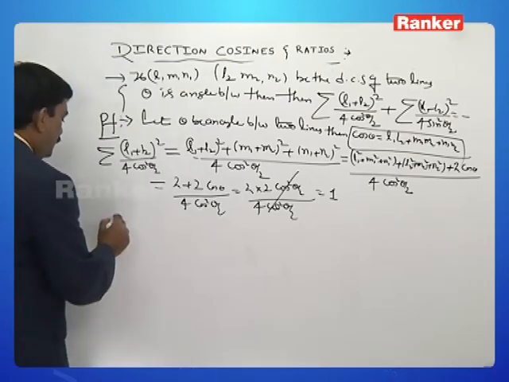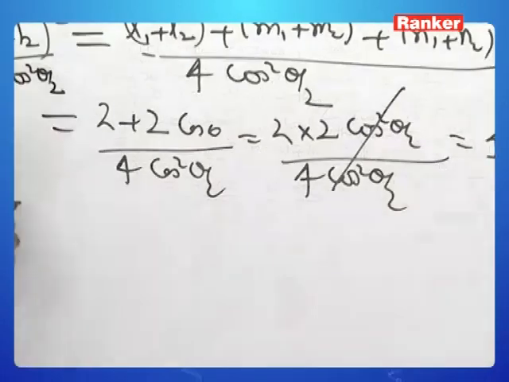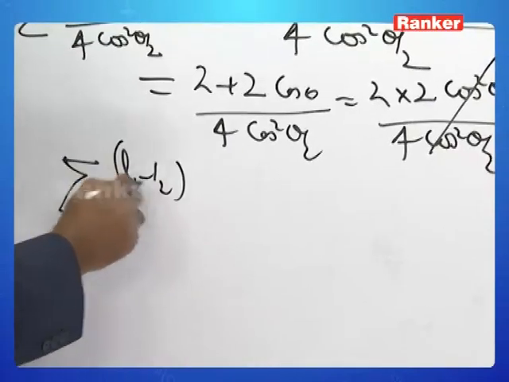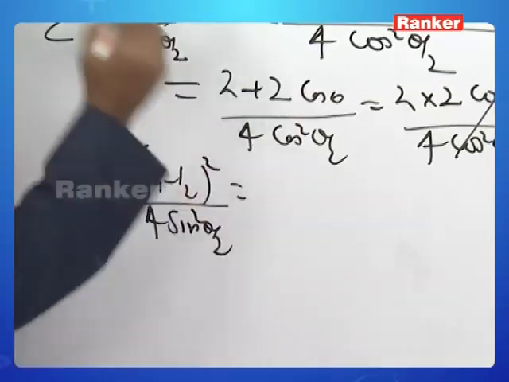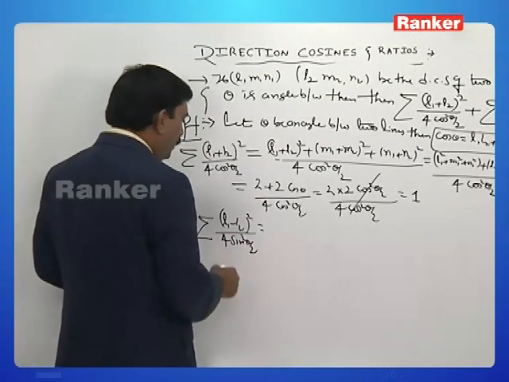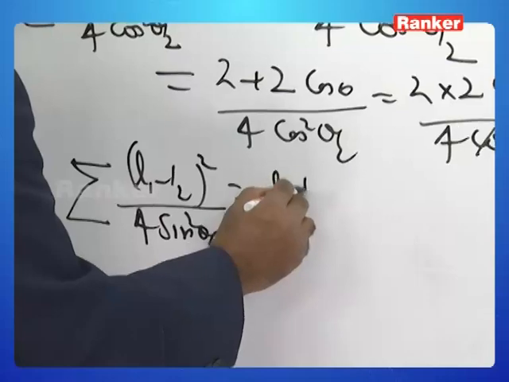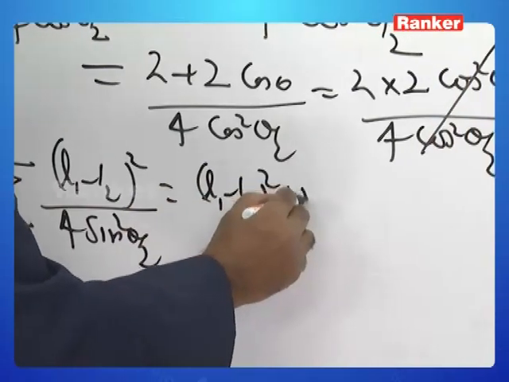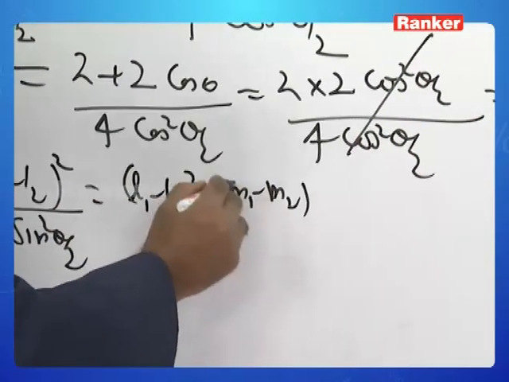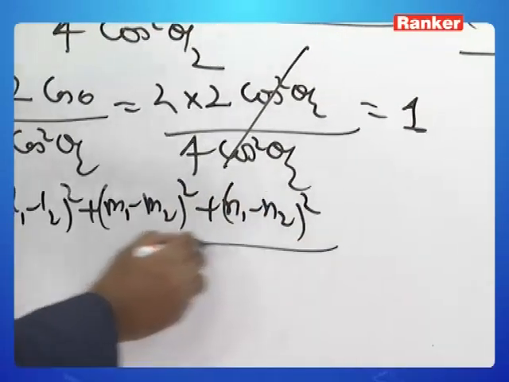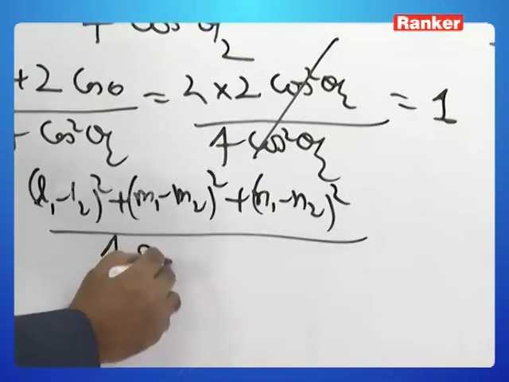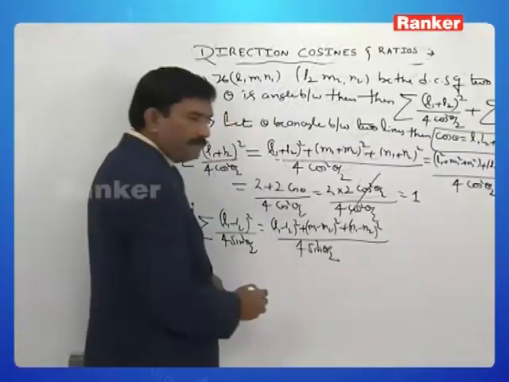Similarly, in the same fashion, I can also write sigma (L1 minus L2) whole square by 4 sine square theta by 2. Now, if you expand this one: (L1 minus L2) whole square, (M1 minus M2) whole square, (N1 minus N2) whole square by 4 sine square theta by 2.